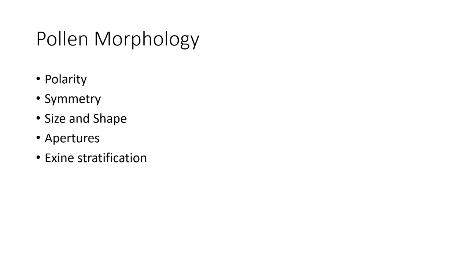Suppose it is a spherical pollen grain, so it is obvious polar diameter and equatorial diameter are going to be the same. And the ratio of polar and equatorial diameter multiplied by 100 gives the indication of the shape. So the shape of the pollen grain is decided by simply finding out the ratio of polar and equatorial diameter multiplied by 100.